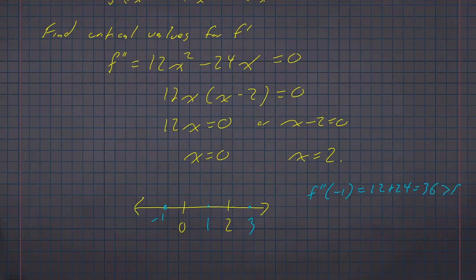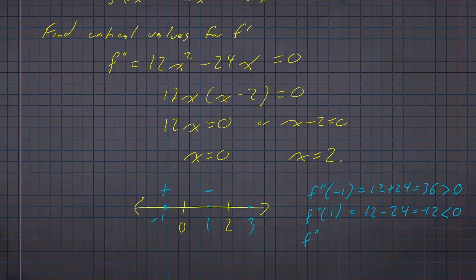But the important thing is that it's bigger than 0. Positive here. If we test +1, f double prime of 1 will be 12 minus 24, which is -12. But again, the important thing is just that that's negative. So we're negative in this range.